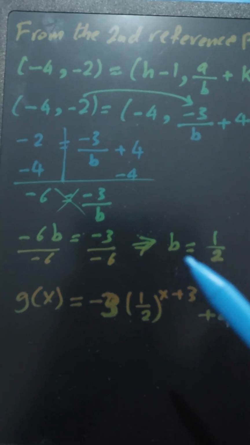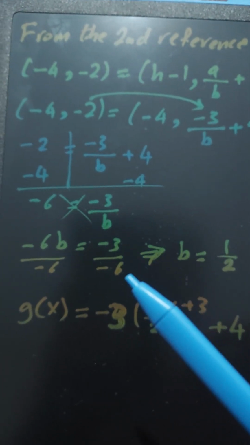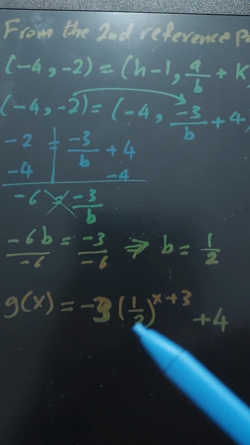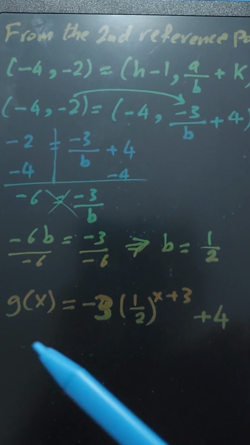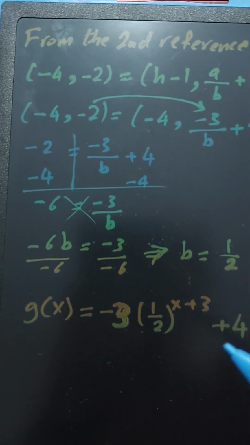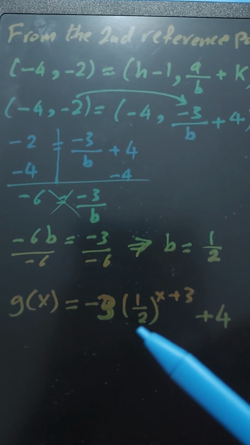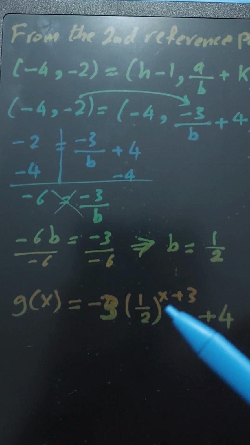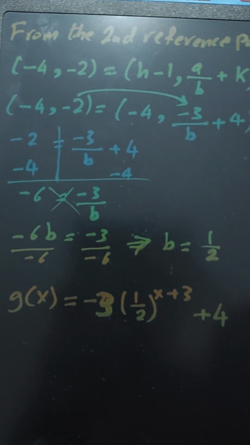That will give us b equals -3 divided by -6, which is one half. So we replace the value of b in the combined transformation function. The final answer will be g(x) equals -3 multiplied by one half to the power of x plus 3, plus 4.